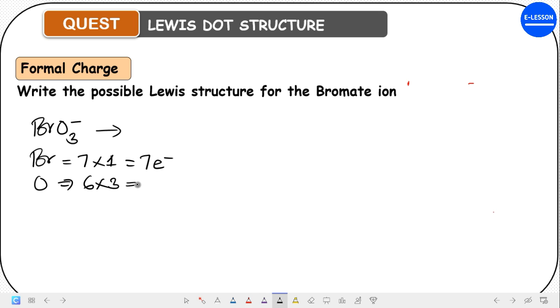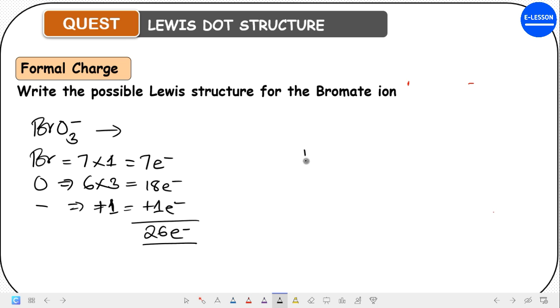We have 3 oxygens there. 6 times 3 is 18 electrons. Now this minus here means you should add 1 more electron. So 7 plus 18 is 25, plus 1 is 26 electrons. So the total number of electrons we are supposed to form here is 26.